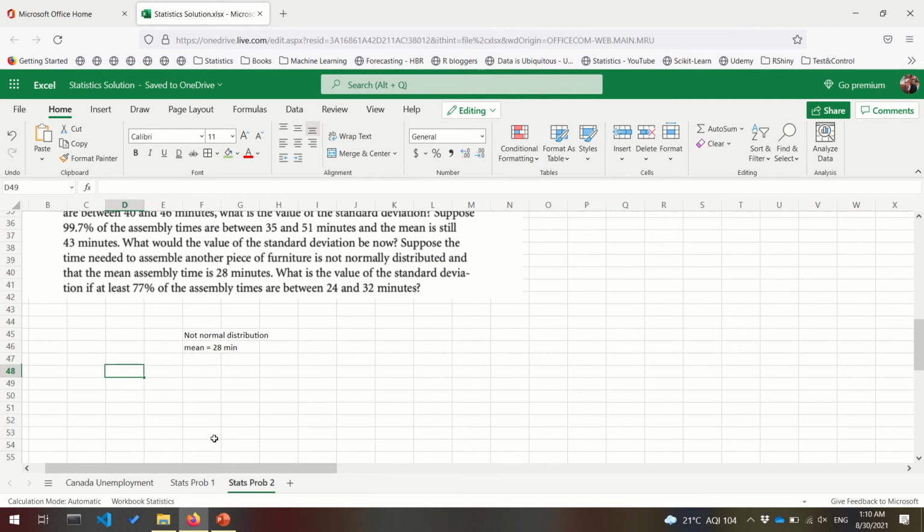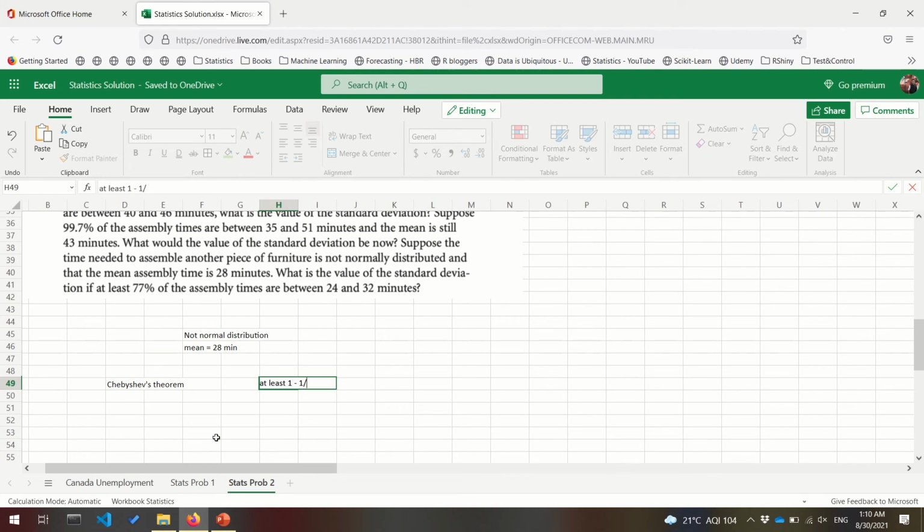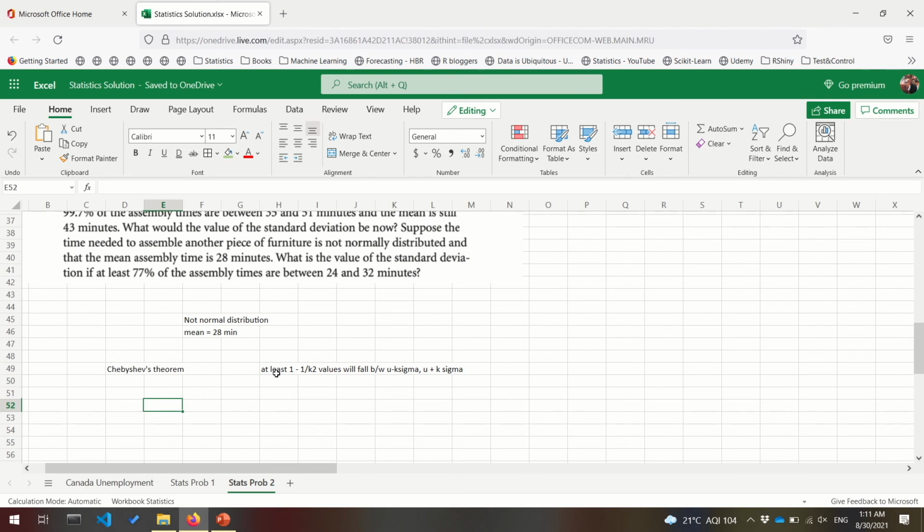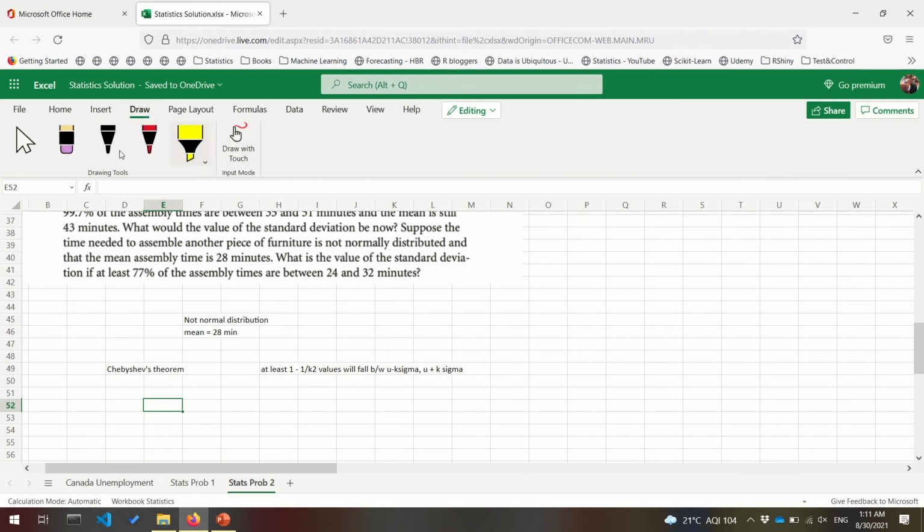So now we will apply the Chebyshev theorem, right? It says that at least 1 minus 1 divided by k square of the values will fall between mu minus k sigma to mu plus k sigma. This is the statement from the Chebyshev theorem. So let's quickly draw any curve.